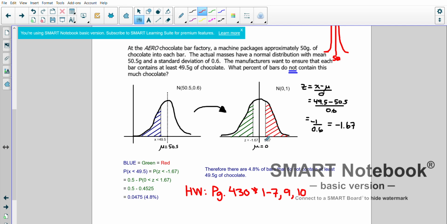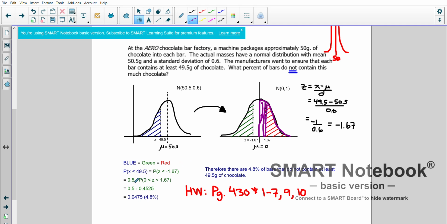So for the probability that Z is greater than 1.67, I'm going to have to take the 0.5, 50%, and subtract out this piece that I don't need, and that'll leave me with the red, which equals the green, which equals the blue, which is what I want.